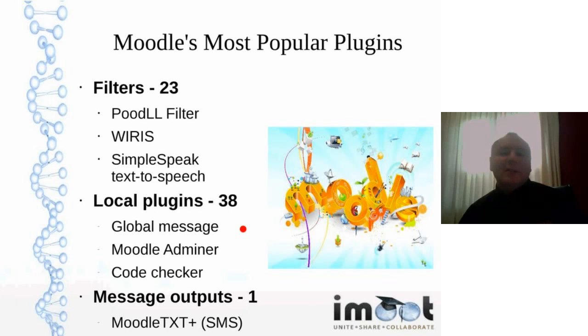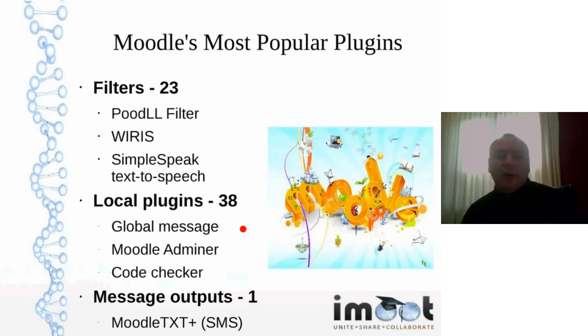If you're going to be submitting plugins, it's great if you can check that. Message outputs: Moodle gives you a lot of flexibility in terms of how you want to receive notifications, whether it's through Moodle messages or a Jabber client, through some type of IM service.